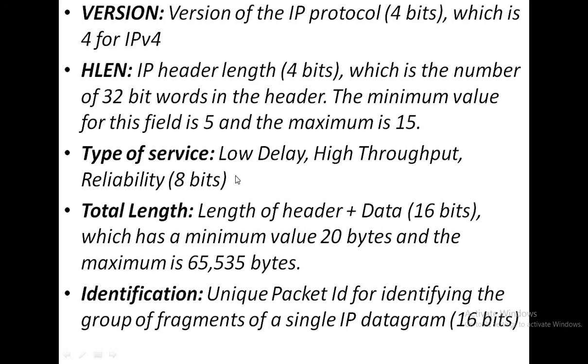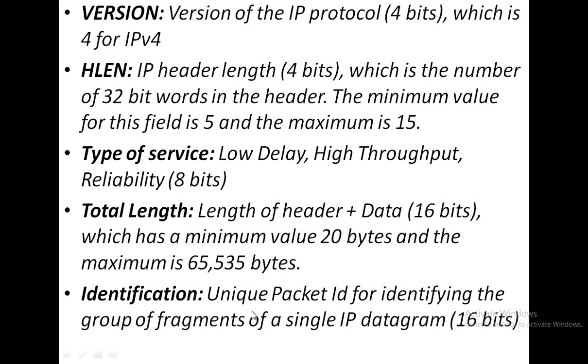It says what type of service is given in the use of the IP datagram. And the total length is the length of header plus data, which has a minimum value of 20 bytes. As I have told you, the maximum is 2 to the power 16 minus 1, that is 65535 bytes. Okay.